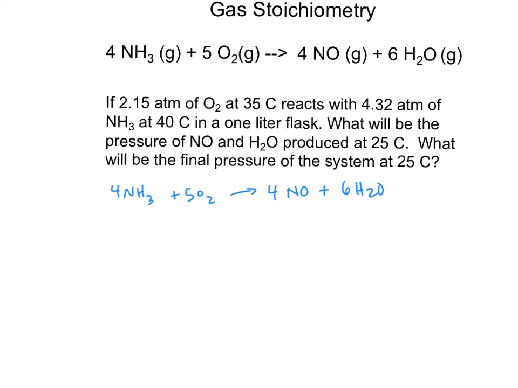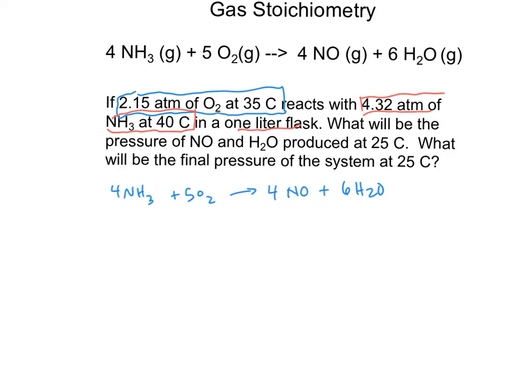So for oxygen, you have 2.15 atmospheres at 35 degrees C. For ammonia, you have 4.32 atmospheres at 40 degrees C, and the volume is 1 liter.